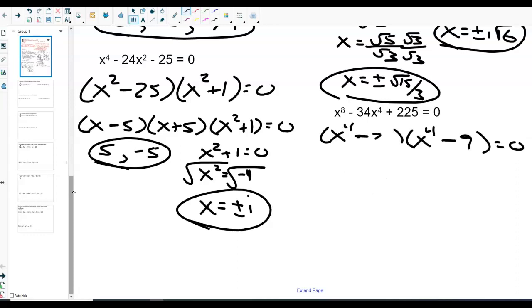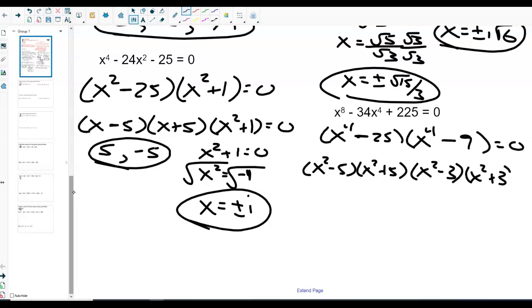Minus 25 times x to the 4th minus 9. These are two differences of two squares. X squared minus 5, x squared plus 5. X squared minus 3, x squared plus 3. And you're setting each parenthesis equal to 0.